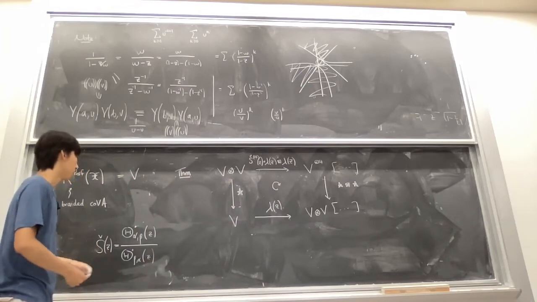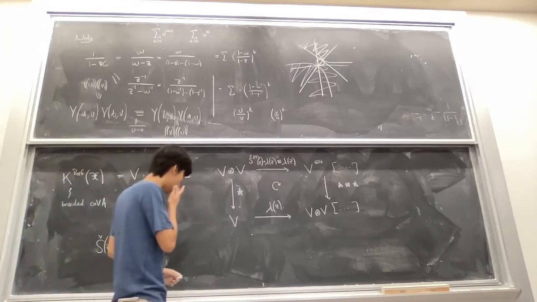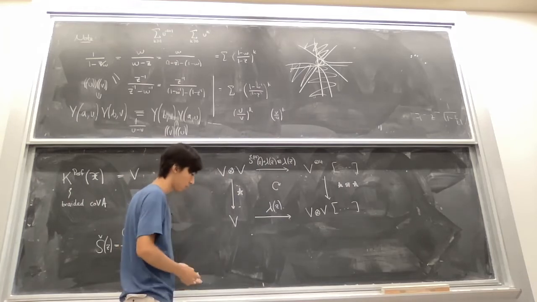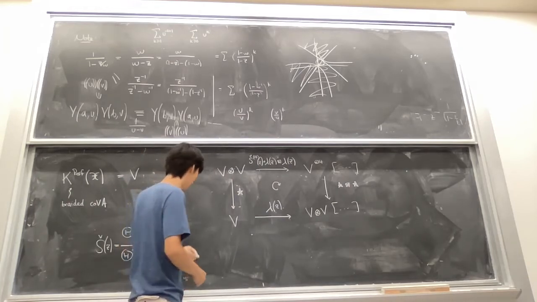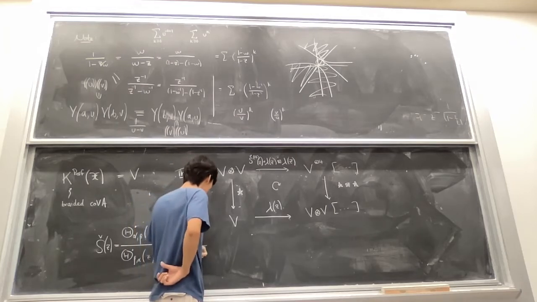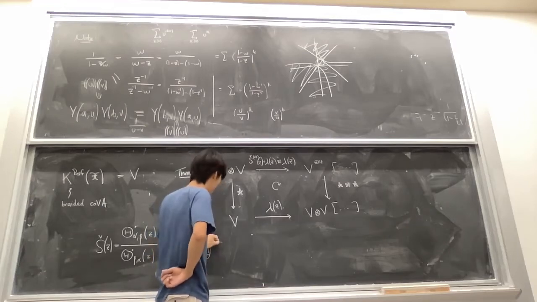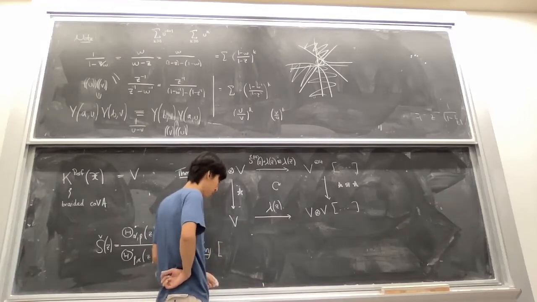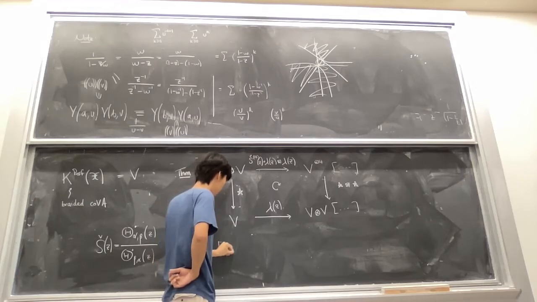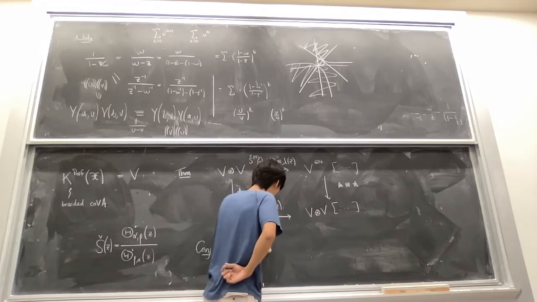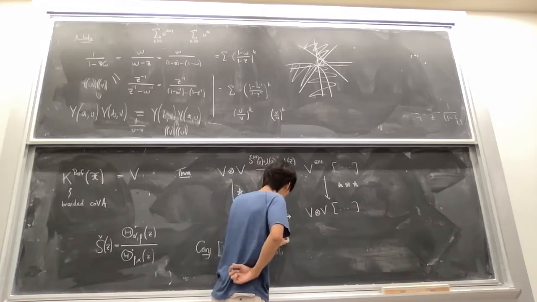So why is this interesting? I think even if you don't care so much about Hall algebras, sorry, I think this is still a conjecture by Casero, Arnolo, something like this.